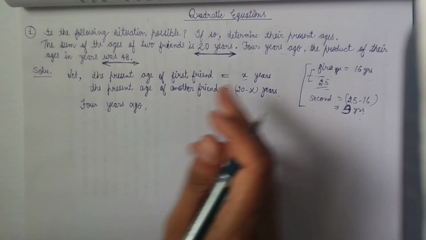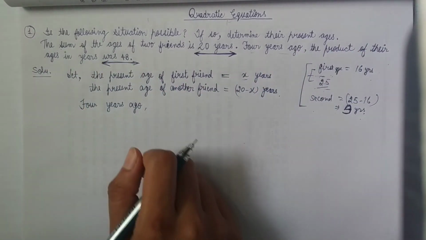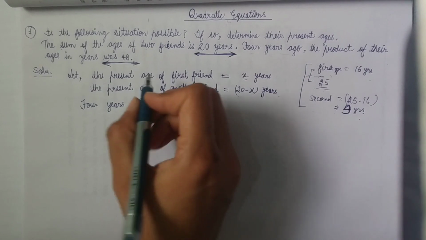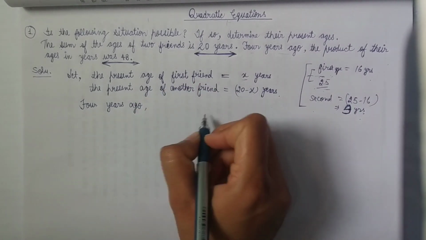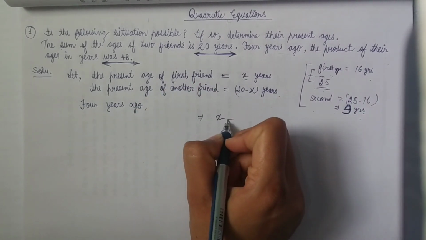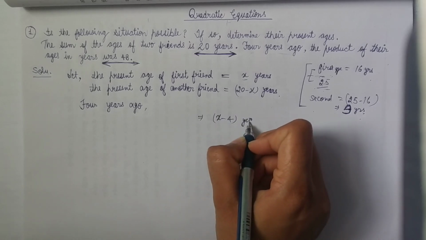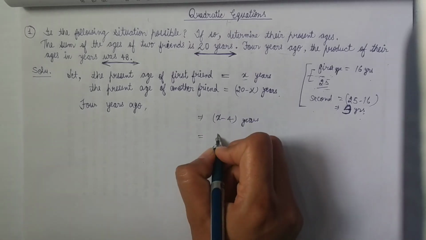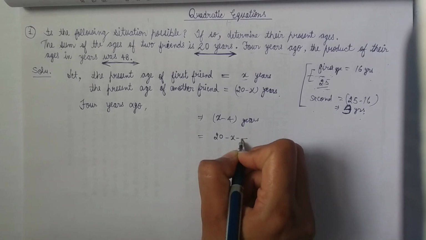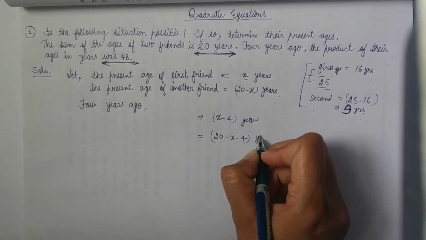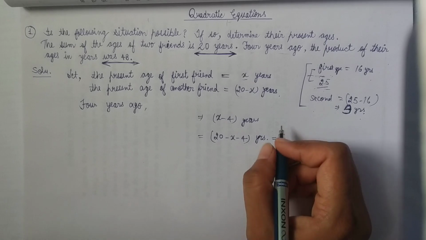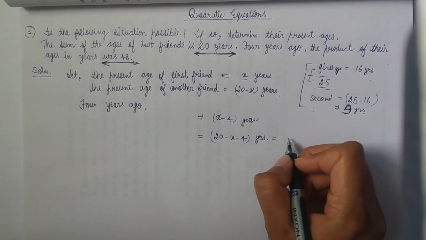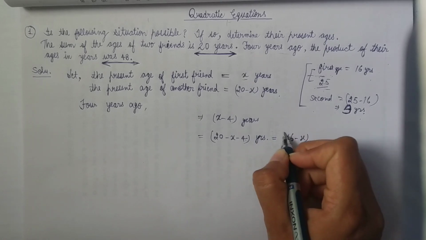So 4 years ago, the first friend's age will be x minus 4 years, right? And the second friend's age will be 20 minus x minus 4 years. I hope you are getting it. 20 minus 4 will be 16 minus x years.